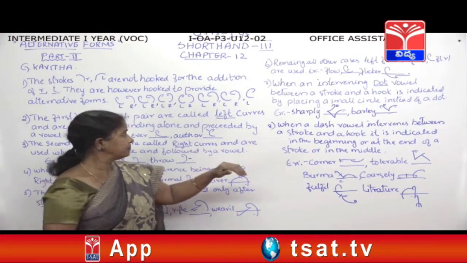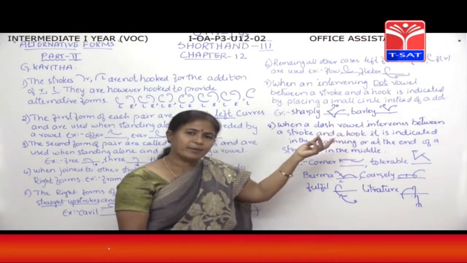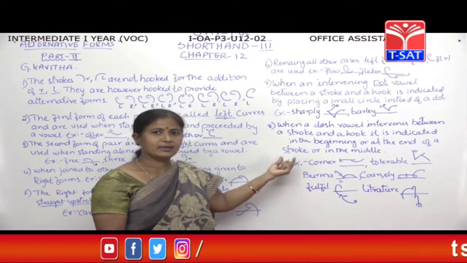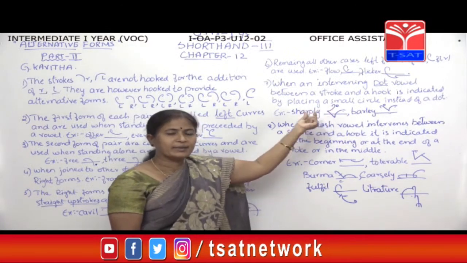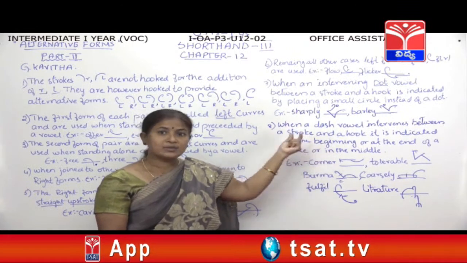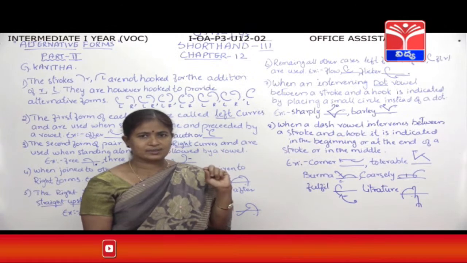Example, when an intervening dot vowel, either first place or third place, comes in between a hook and a stroke, it is written by indicating a small circle in the place of the vowel instead of the vowel. Instead of placing the vowel, we place a small circle in the vowel place.